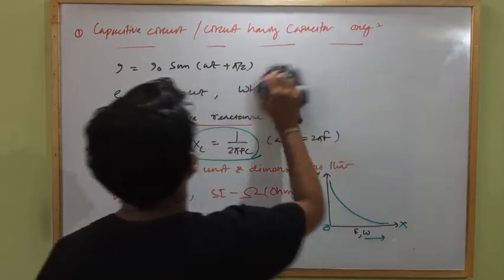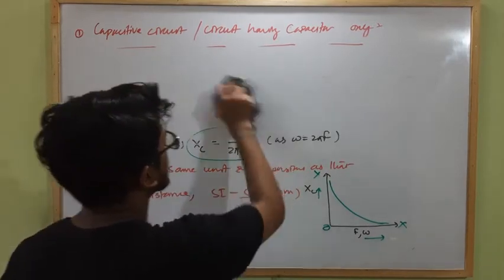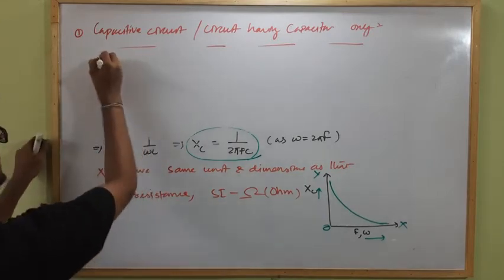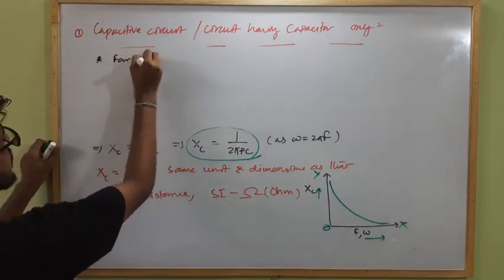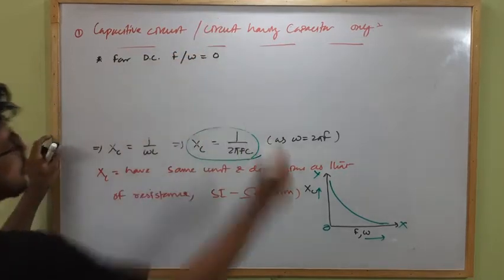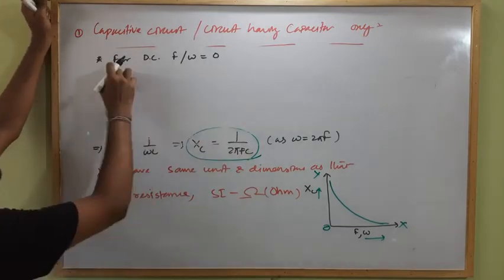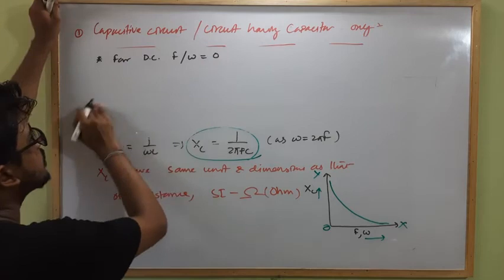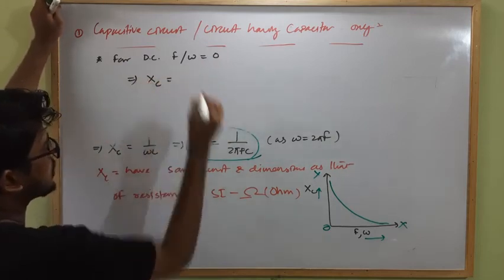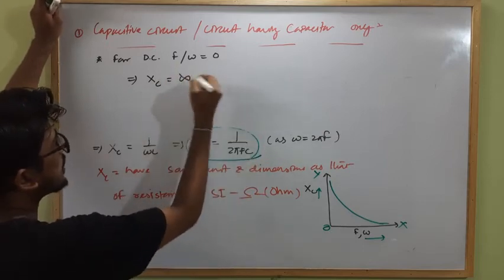Next, you have to remember some points regarding capacitive reactance. For DC, that is direct current, f or omega equal to 0, because DC is a constant, it has no frequency. So for DC, f or omega equal to 0. So this implies we can write XC equal to how much? 1 by f0, then 1 by 0, it will be infinite.